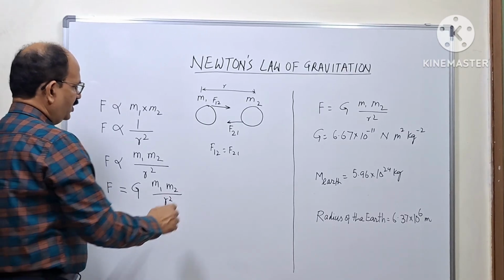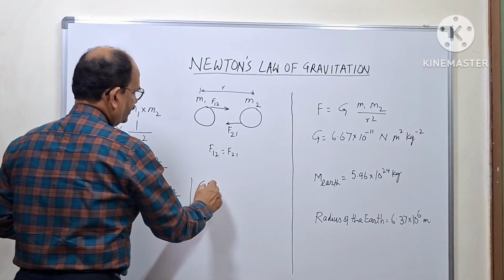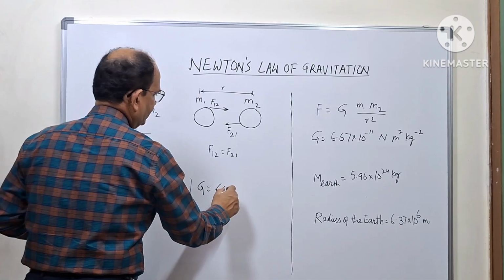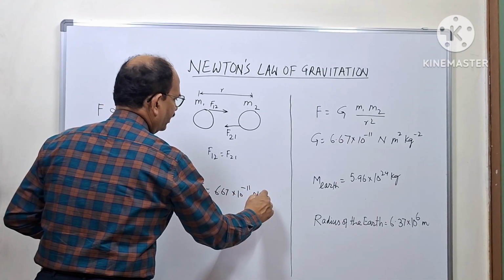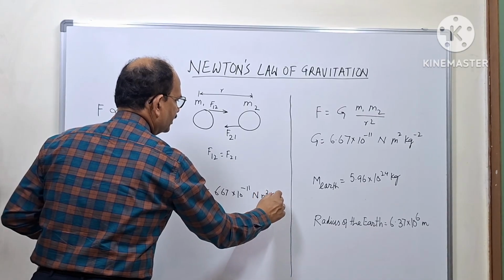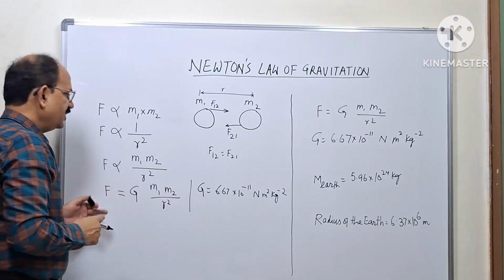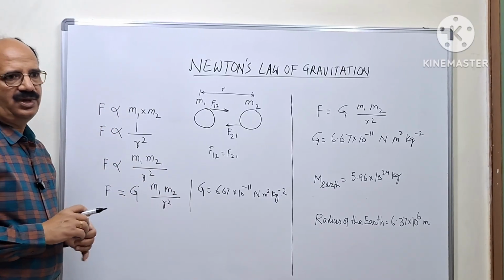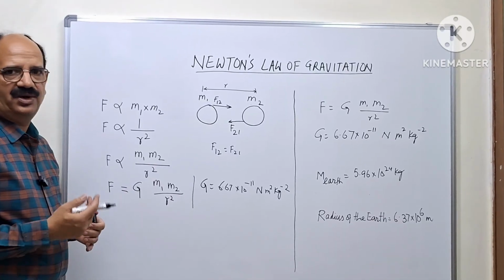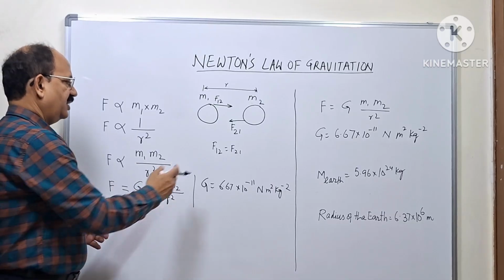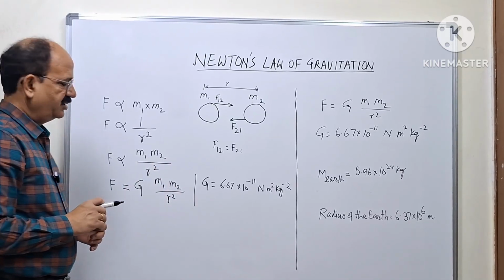The magnitude of G is equal to 6.67 into 10 to the power minus 11 Newton meter square per kg square. This is a universal constant, so it doesn't depend on the medium in which you are operating or temperature and all other factors. It is universal, and this will be the magnitude of that constant.